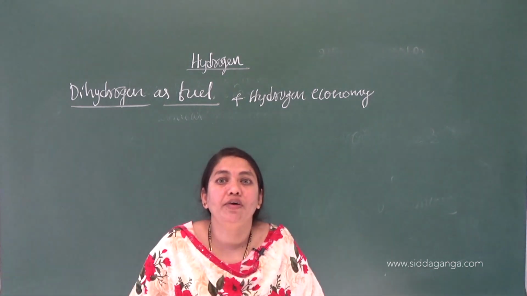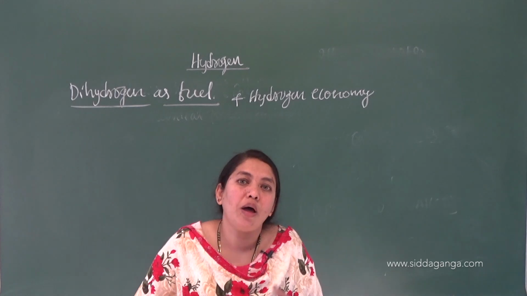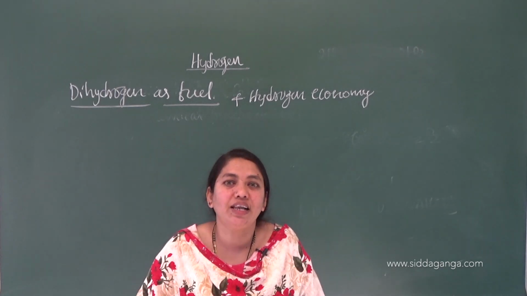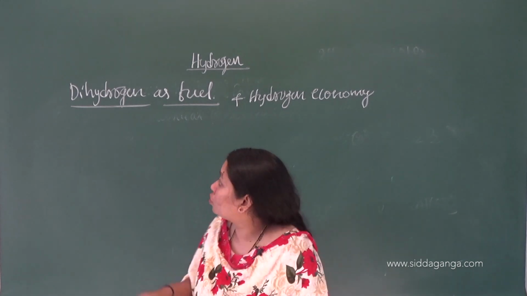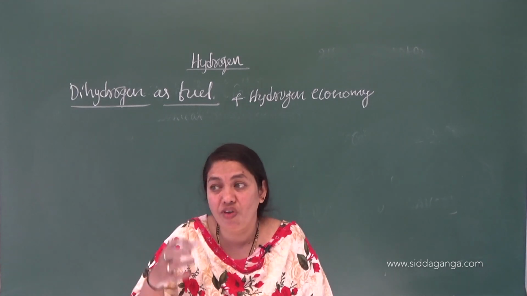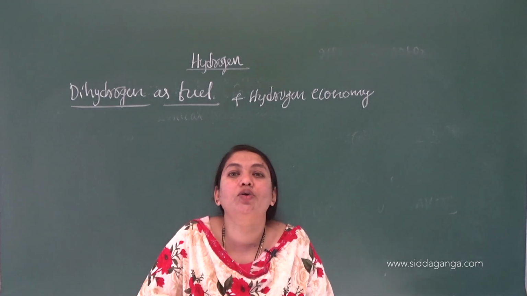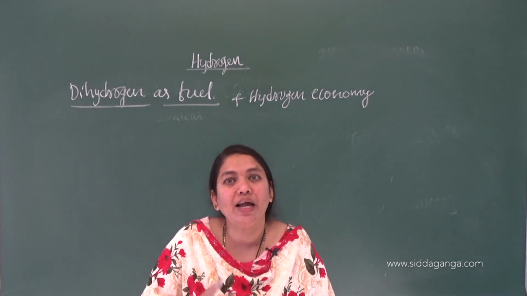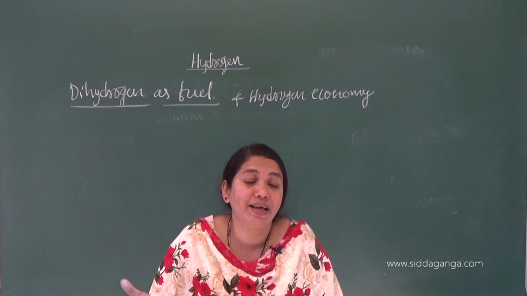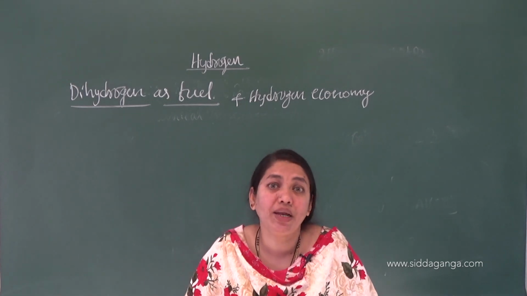You know about fuels; generally we use petroleum, diesel, kerosene, LPG, CNG, like that. What I am telling now about dihydrogen, we discussed in the beginning itself. Once we have proper control over hydrogen or dihydrogen, there will be no energy crisis. Everyone can lead a luxurious life. That I told in the beginning, right?